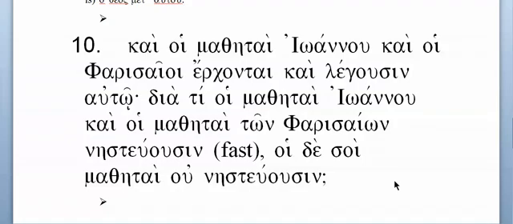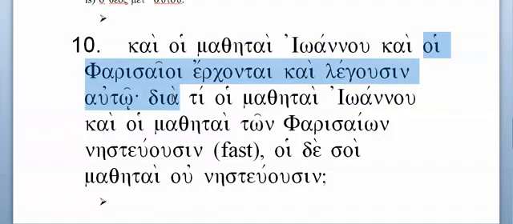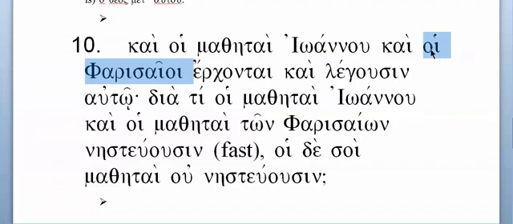All right, now I want you to notice here you have the disciples of John, and then you have the Pharisees, and they're both nominative plural nouns. So you have two subjects, and not only that, you have a Kai here and a Kai here.